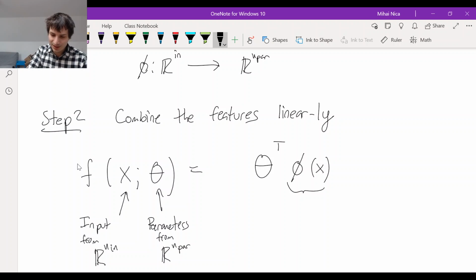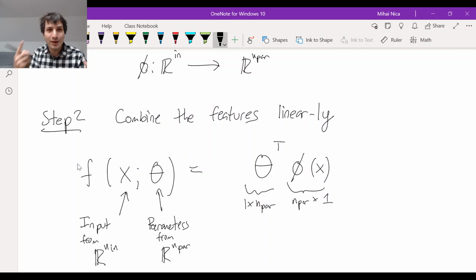So phi of x should be an n_par by 1 vector. Theta is also an n_par by 1 vector. It's the vector of all the possible parameters in the model. So when we take its transpose, we get a 1 by n_par vector. And if you combine them together, you get a 1 by 1 vector, also known as a number. That's exactly what we want. f inputs something from R^n and outputs a number.